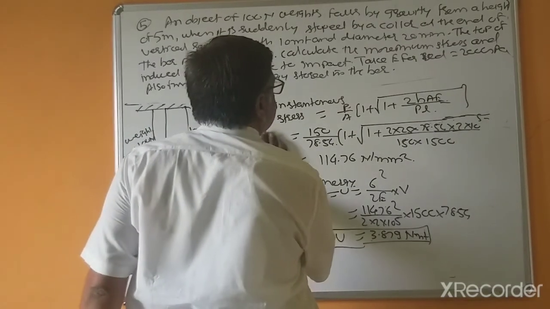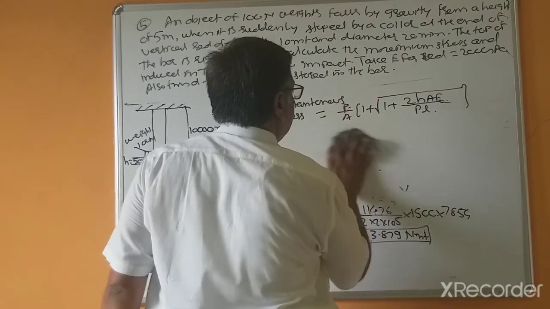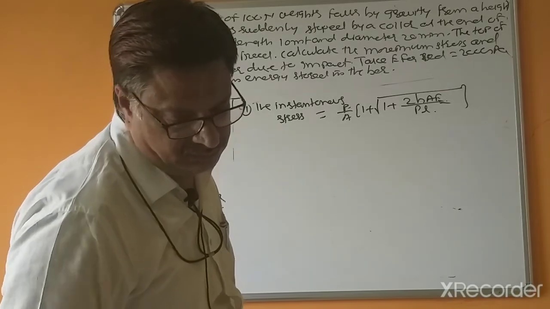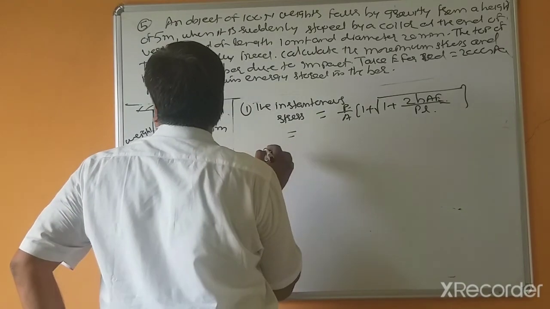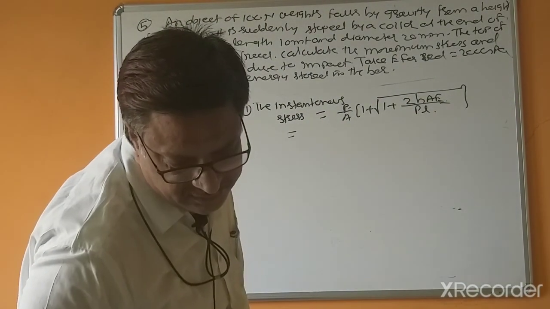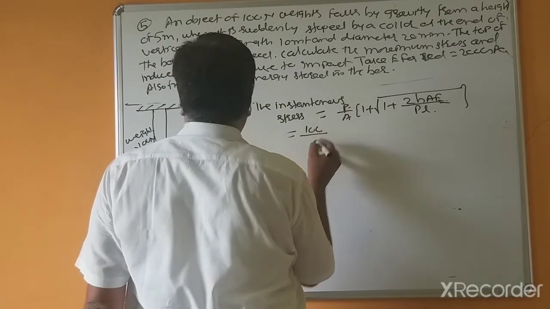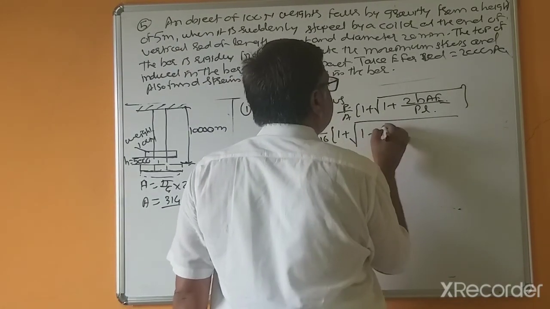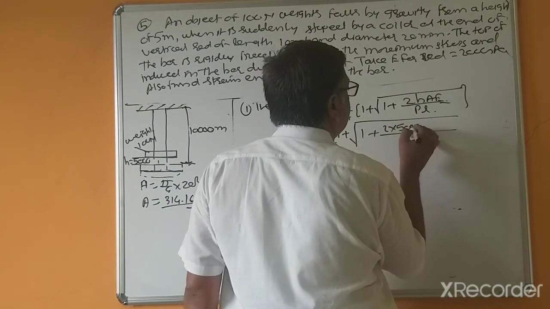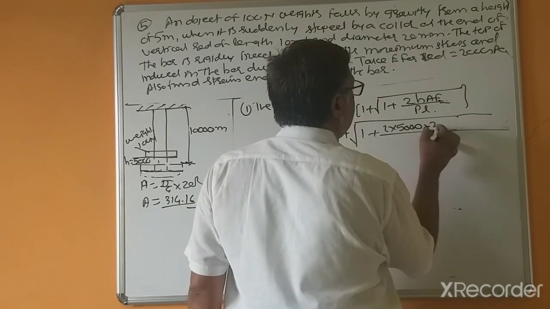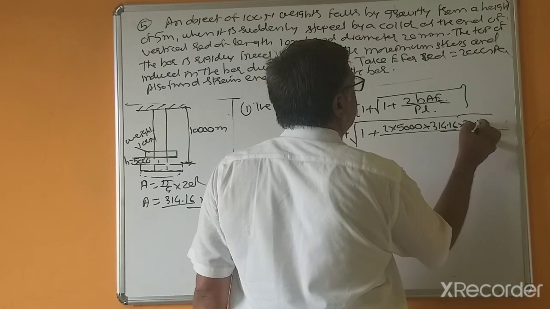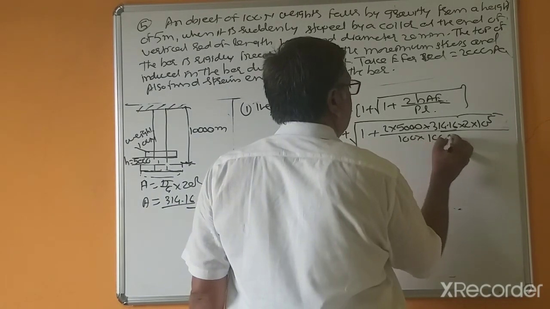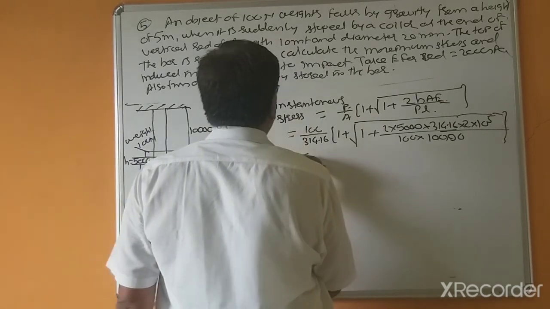So this is instantaneous stress, according to the load, so load equal to only 100 newtons. Stress equals 100 divided by area 314.16, multiplied by 1 plus under root 1 plus 2 h A E divided by P L, with h 5000, area 314.16, E 2 into 10 to the power 5, P 100, length 10,000.